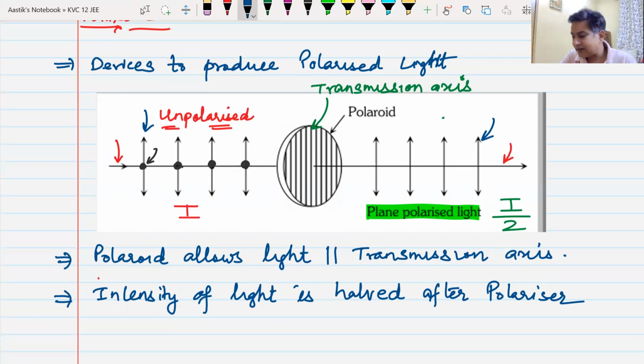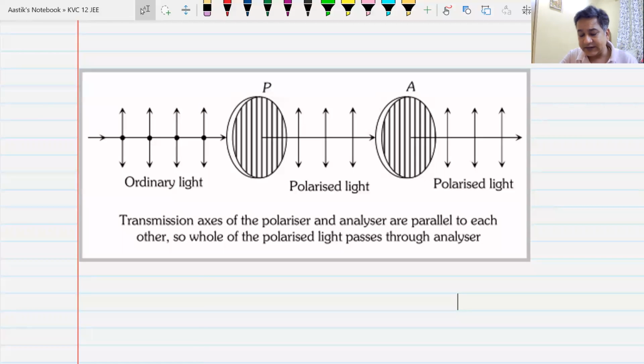What do you mean by analyzer? There is no difference between an analyzer and a polarizer. Both are doing the same thing. The only thing is the first Polaroid is actually polarizing the light.